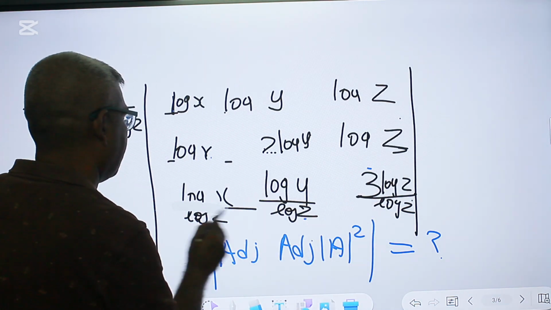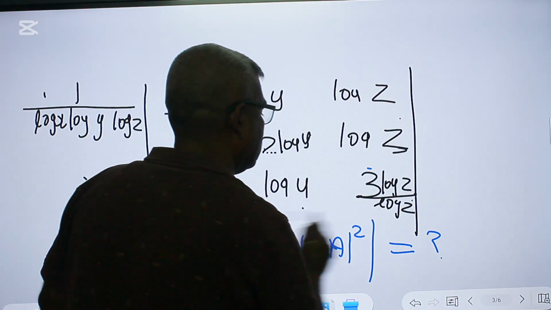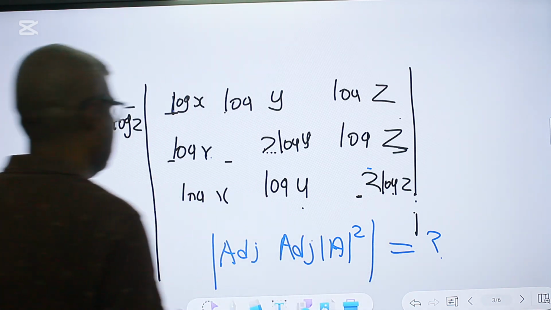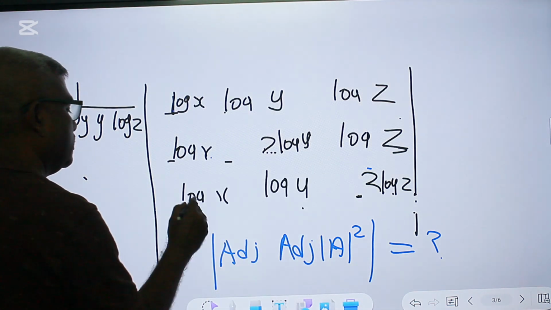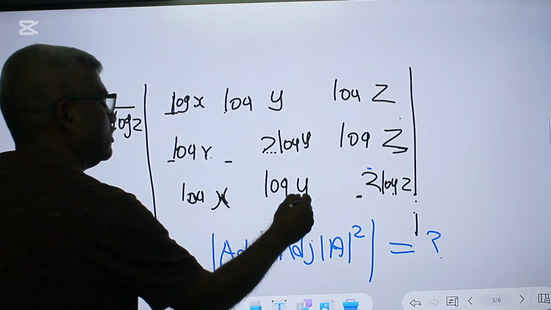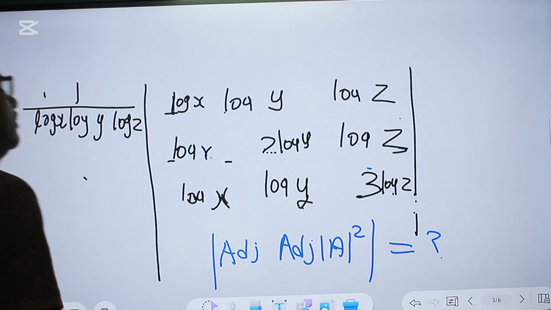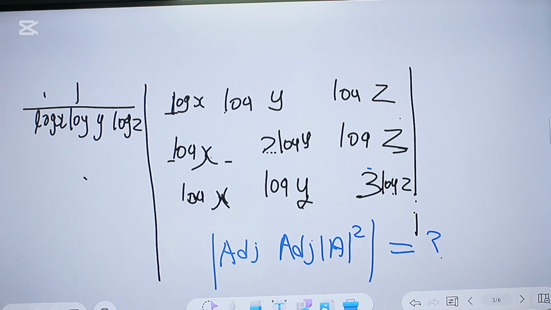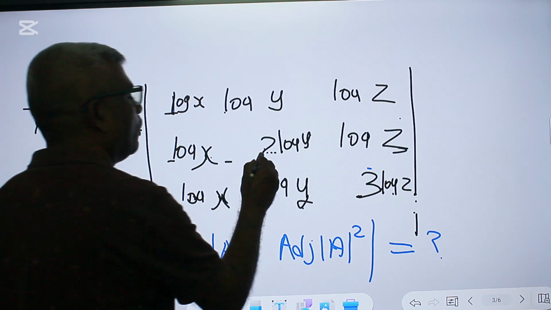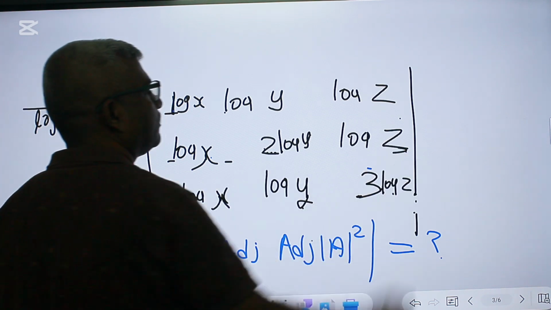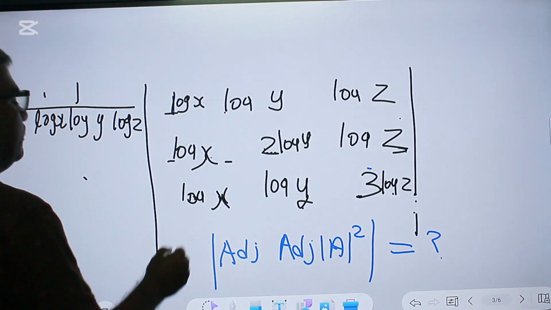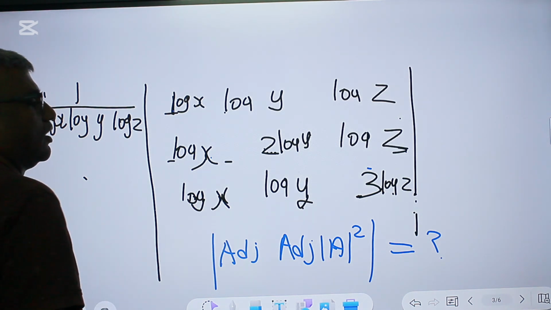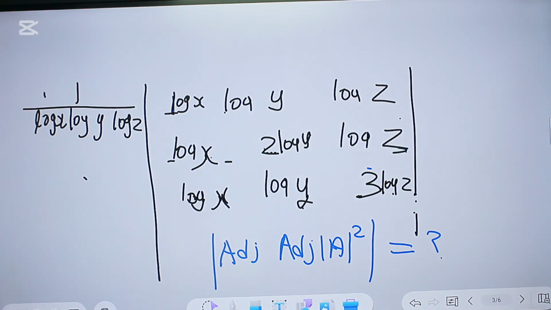For your people, you have to write it. Okay. So now log x, log y, log z. Log x, 2 log y, log z. Log x, log y, log z.